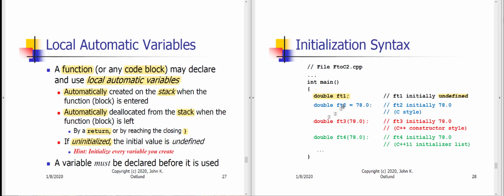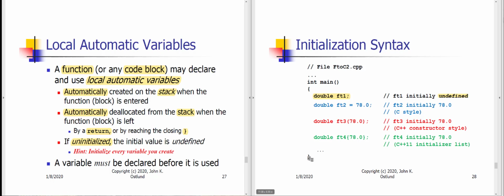Unlike Python, you must declare the data type for a variable before you can use that variable, and the data type of that variable cannot change throughout the variable's existence. So in Python, we could say, x gets 12, and x is referring to an int. We could then say x gets 2.7, and x is referring to a float. We could say x gets hello, and x is referring to a str.